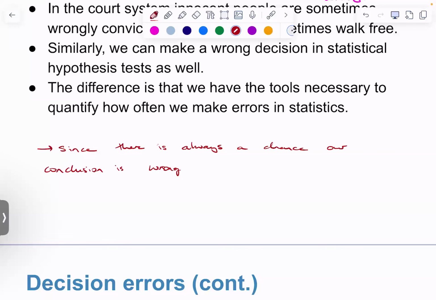Now, we don't know if it's right or wrong. We'll never know, right? That's the reason we can never accept a hypothesis.